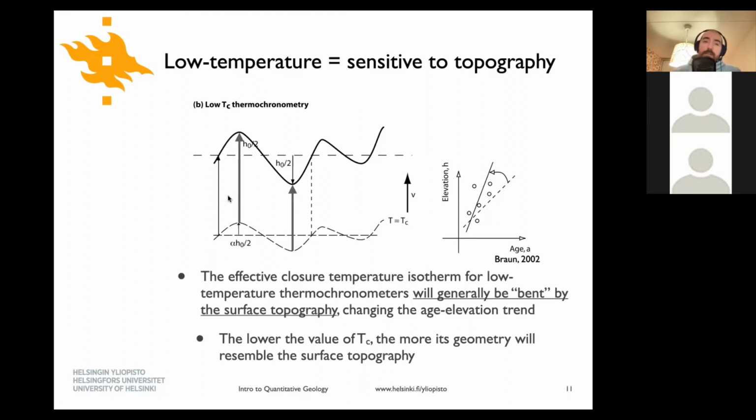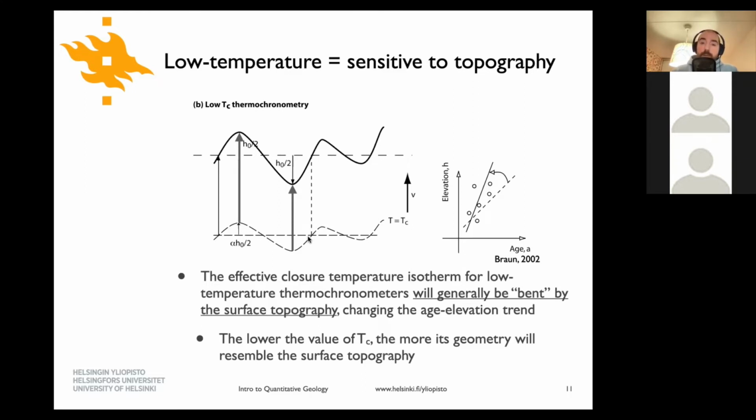The effect is that you still may have some relationship here where you're getting older ages at higher elevations, but the length of these two arrows could be closer to similar to one another, so that age relationship might not be as clear as it was in the higher temperature systems. But you can see that now the topography is affecting the closure temperature isotherm here in the curved dashed line.